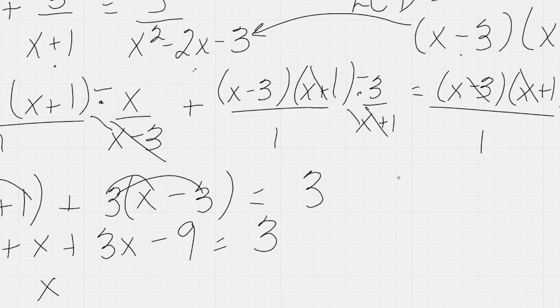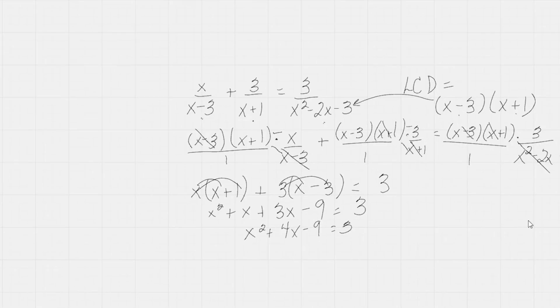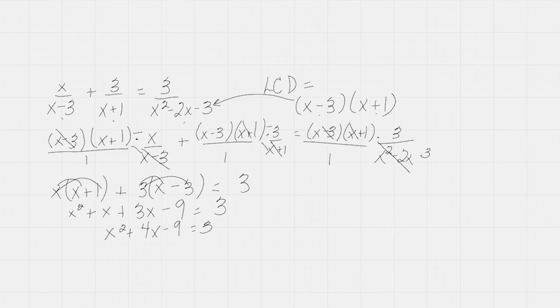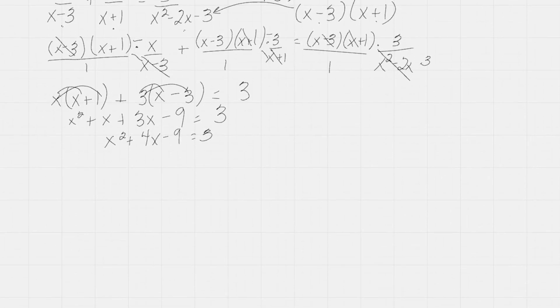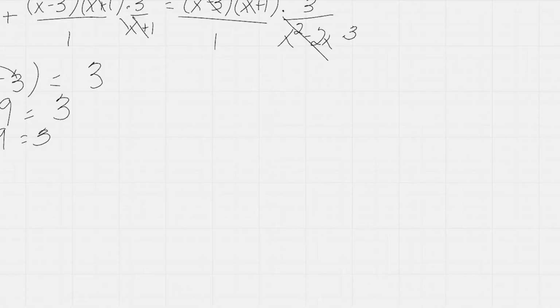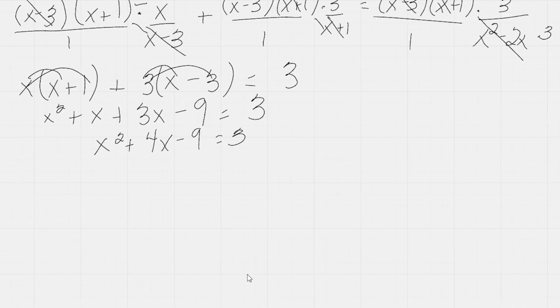So we get x squared plus 4x minus 9 equals 3. Okay. So now we have x squared plus 4x minus 9 equals 3.